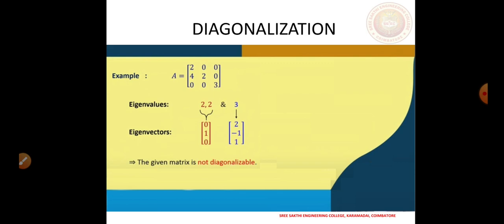So what we have seen here is that we cannot diagonalize every matrix; only when the set of eigenvectors is complete can we diagonalize the matrix, otherwise we cannot.